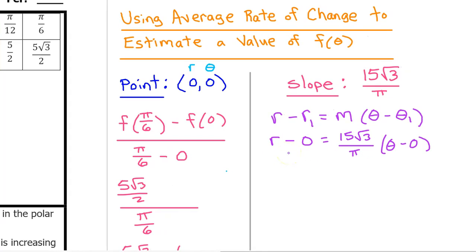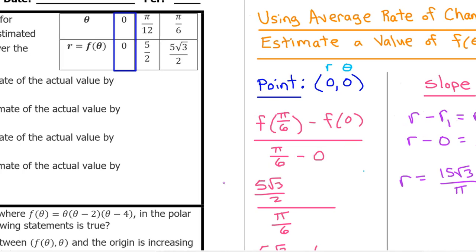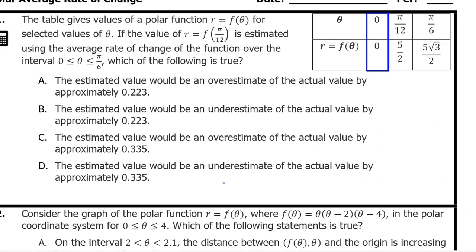So let's erase these zeros which are not doing anything. So we have r is equal to 15 radical 3 over pi times theta. This is the linear equation that we will use to estimate the value of r at pi over 12.